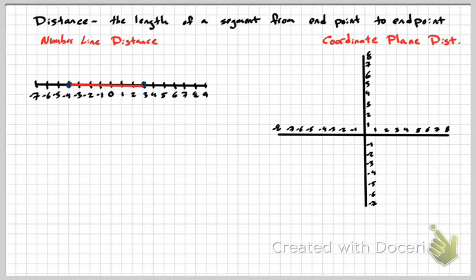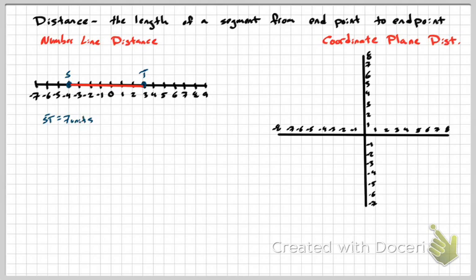So if I said find the length of segment ST, so point S is at -4, point T is at 3. Well, you can just count it. 1, 2, 3, 4, 5, 6, 7. So segment ST is 7 units. But there's another way this can be done, and that is by using, whoops, let's go backwards here, went too far.